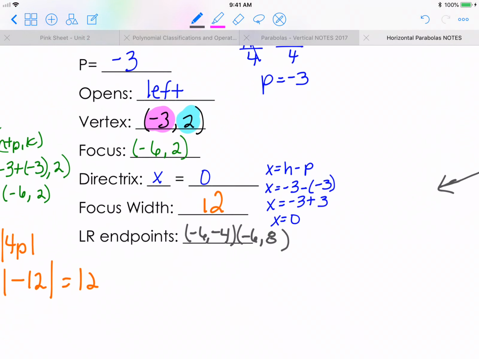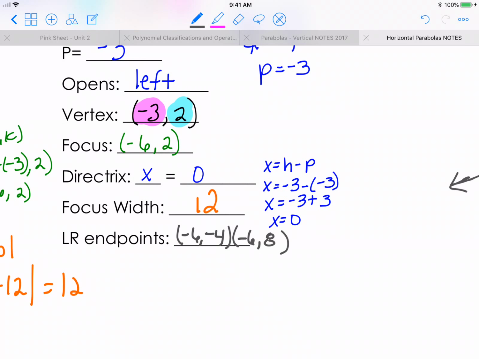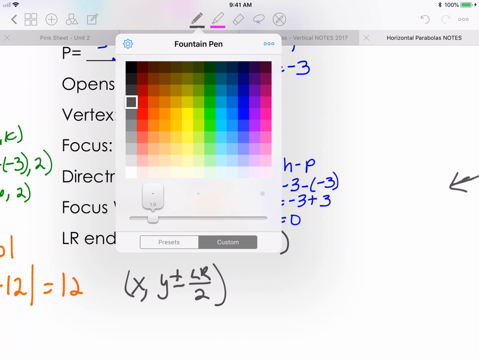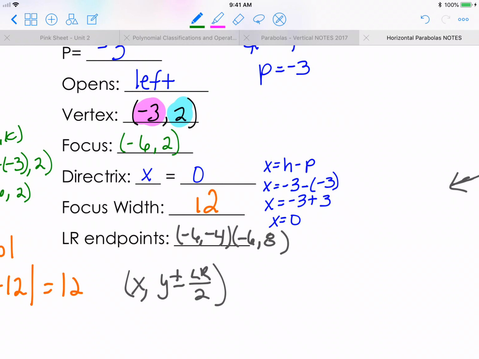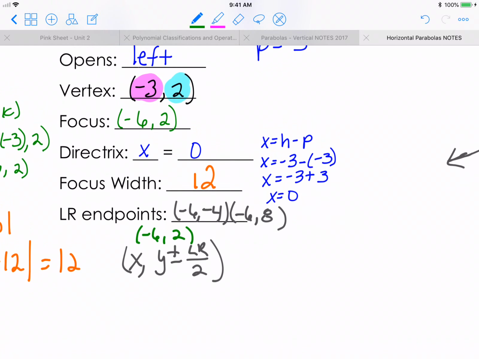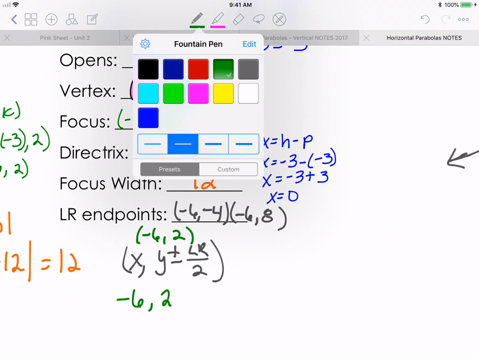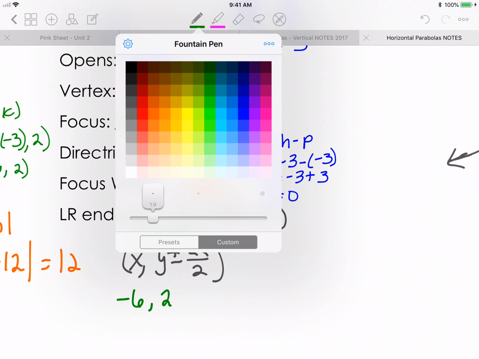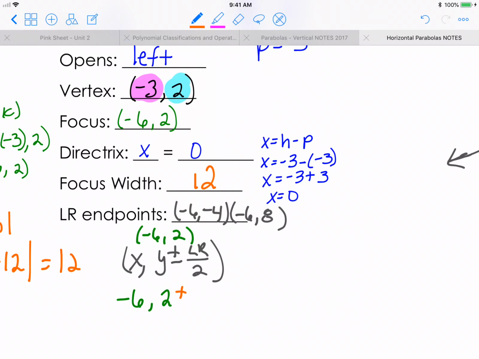Okay, I'll show you how to do that with the chart and the formula. It's x, comma, y plus or minus LR divided by 2. And remember, your focus -6, 2 is what you base it on, so don't forget that. So you have -6, 2 plus or minus 12 divided by 2.